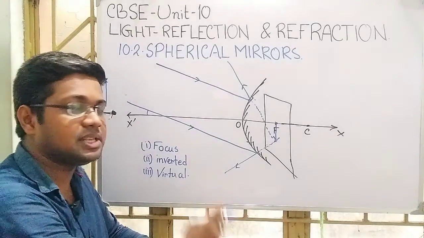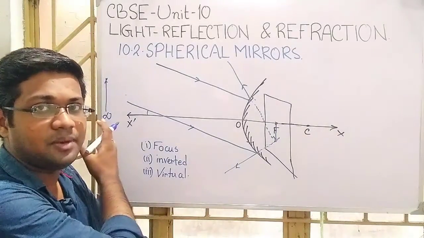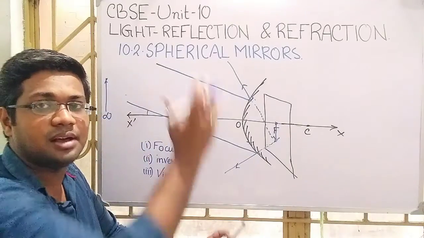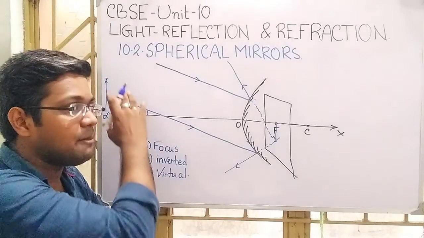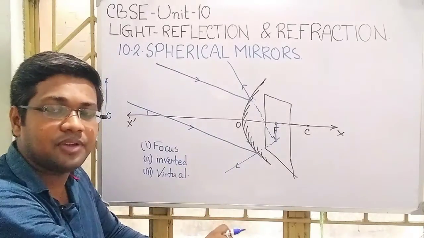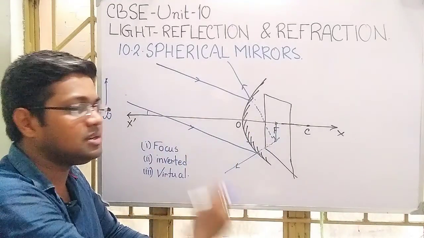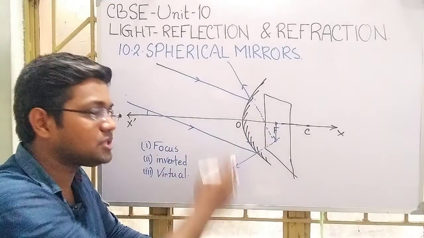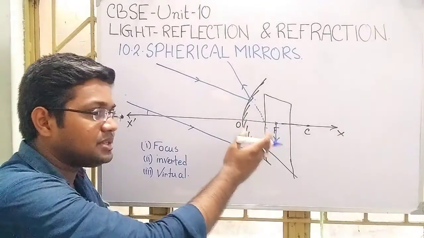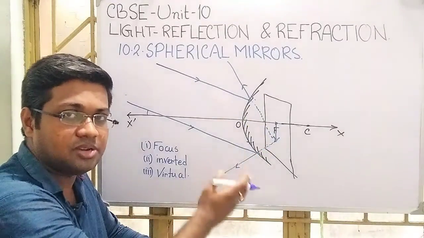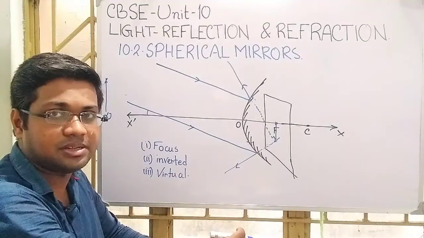Now just consider the size of the image. The object is placed somewhere at infinity and is of large dimension. That's why a parallel beam of light rays comes from the object. When it is incident on the mirror, this image is formed. So the image size is very small compared to that of the object.